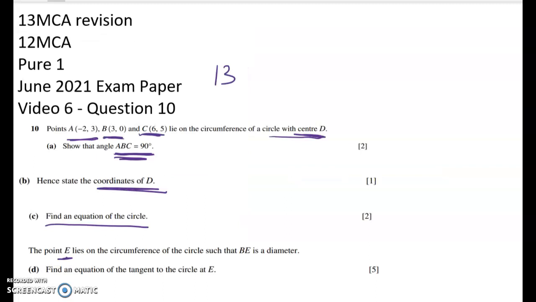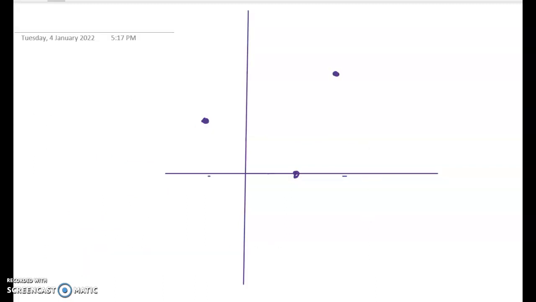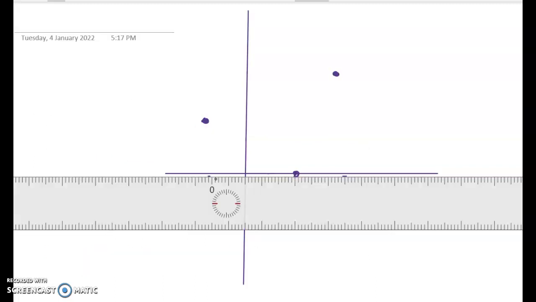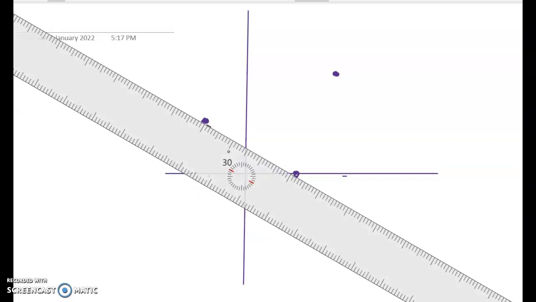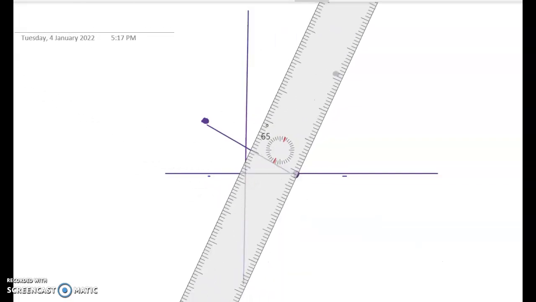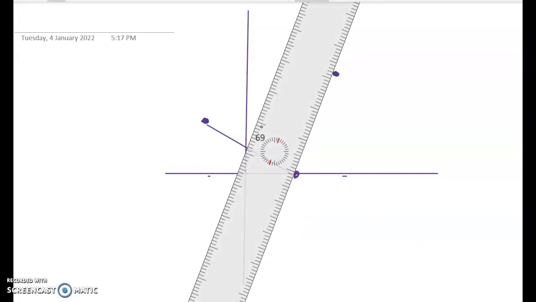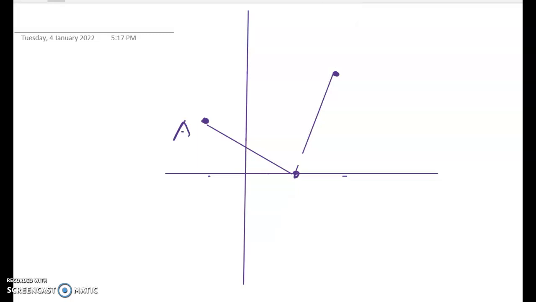Right, the first thing we have to do is to show that angle ABC is equal to 90 degrees. So a couple of things come to mind. The first thing, and not the fastest thing I don't think, is to say, well, if A, B and C have an angle of 90 degrees, then Pythagoras must hold. So we could look at the length of AB, and we could look at the length of BC, and we could look at the length of AC.